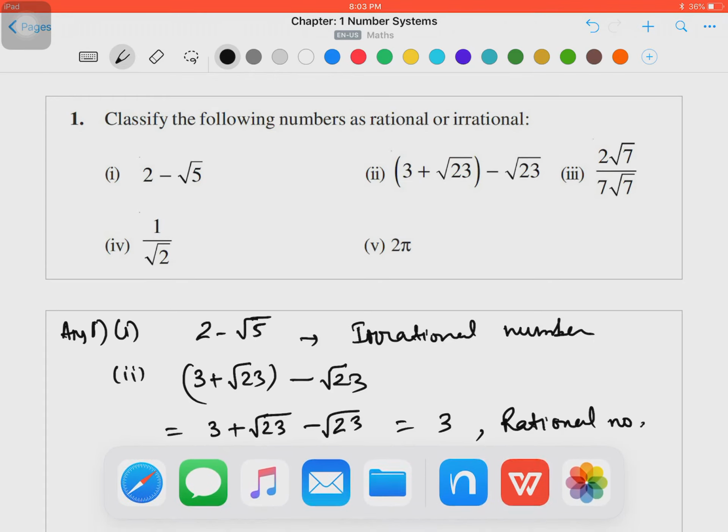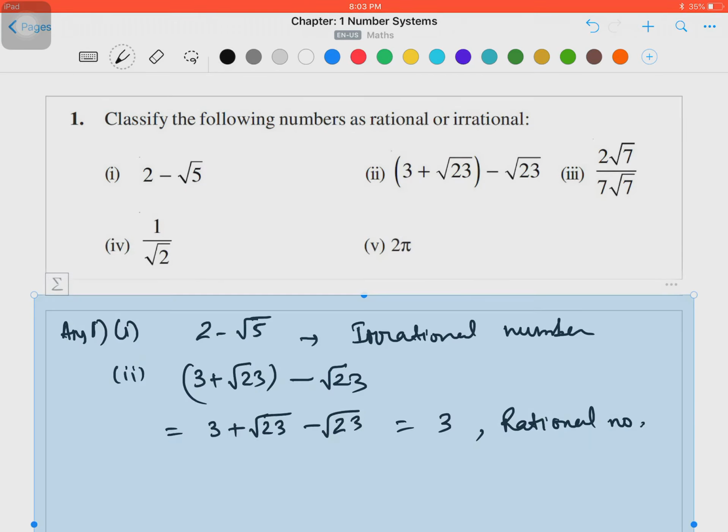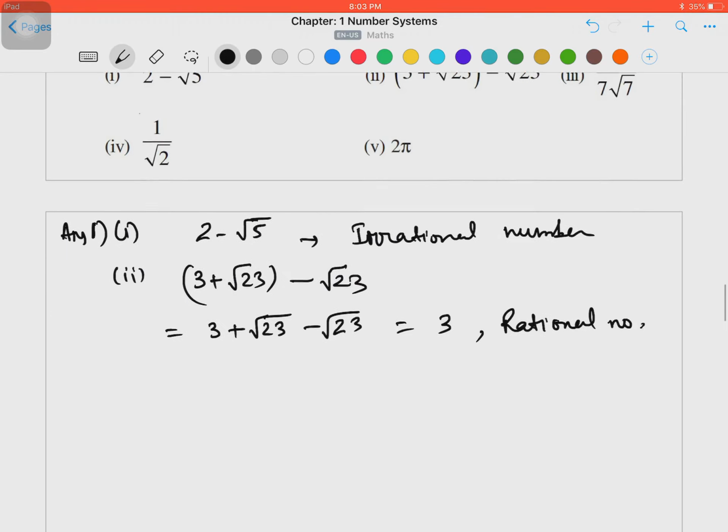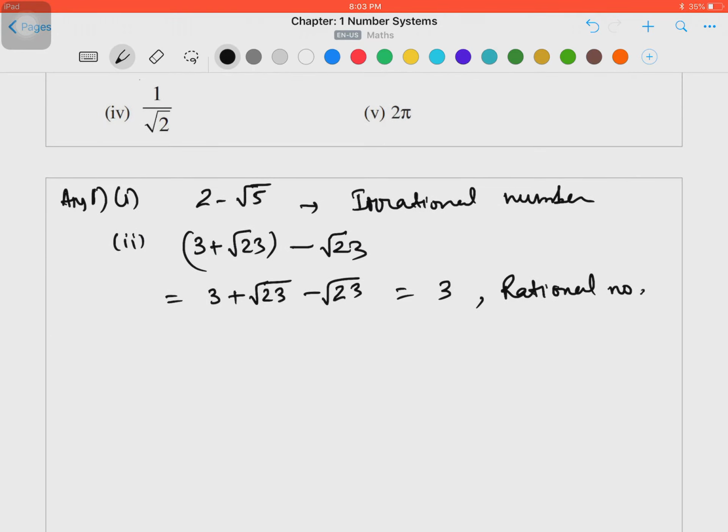Next we have 2 root 7 divided by 7 root 7.